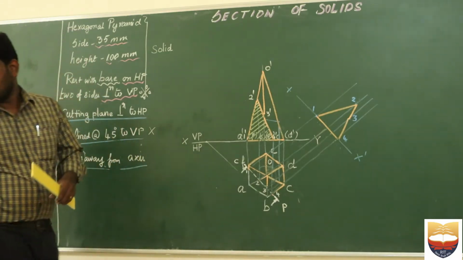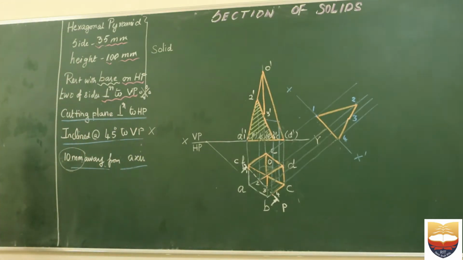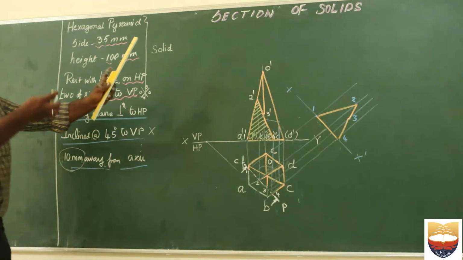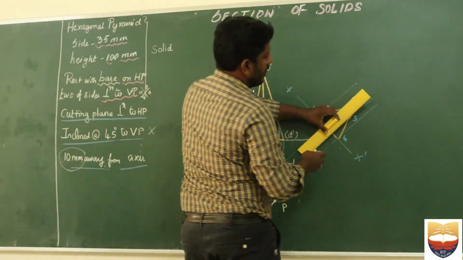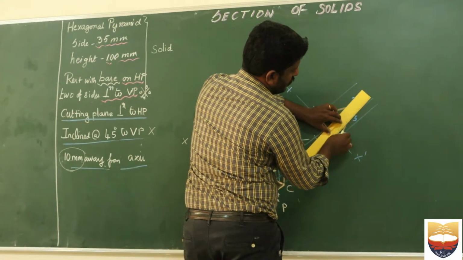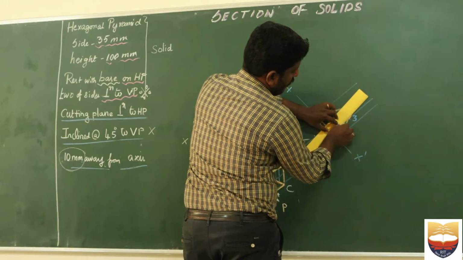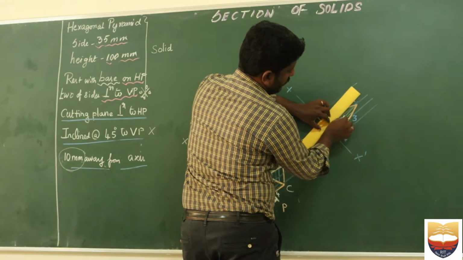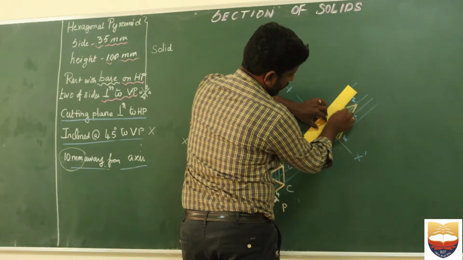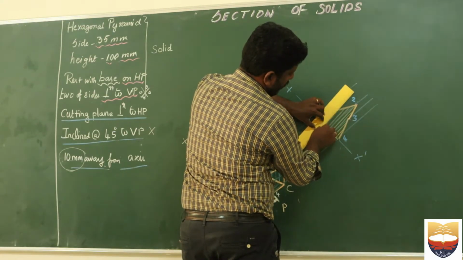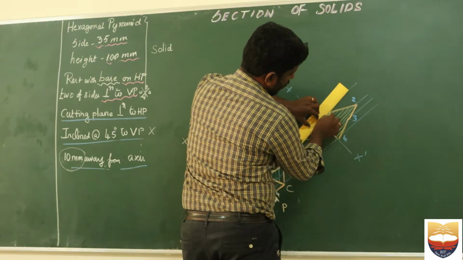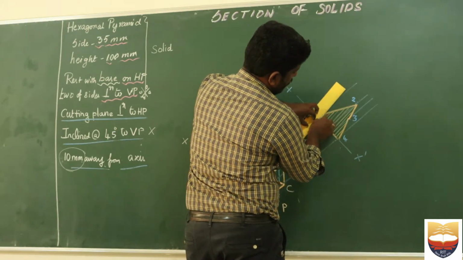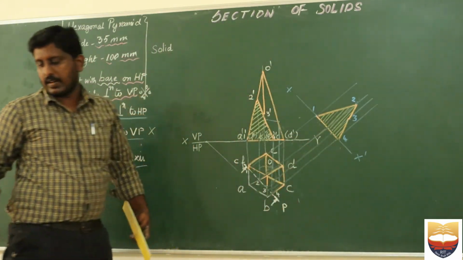And don't forget, you have to complete the problem by hatching the true shape. I am going to use a 45 degree line with a uniform gap. These lines should be very light and very thin. Be careful whenever you use this kind of hatching.